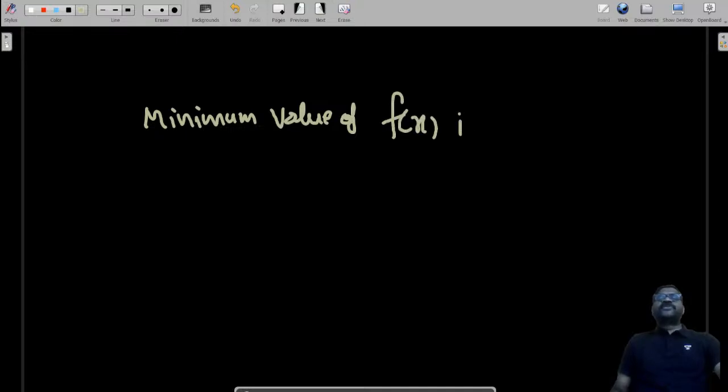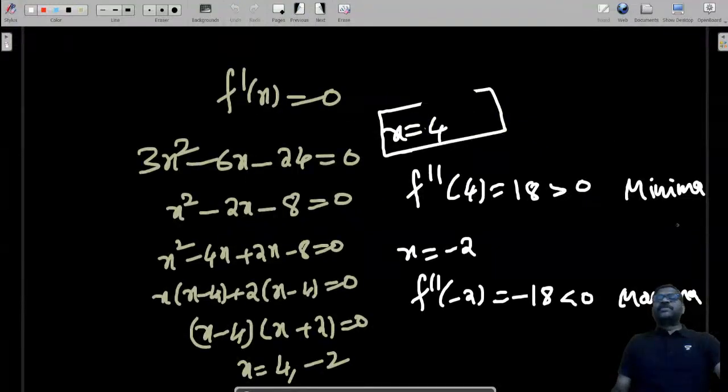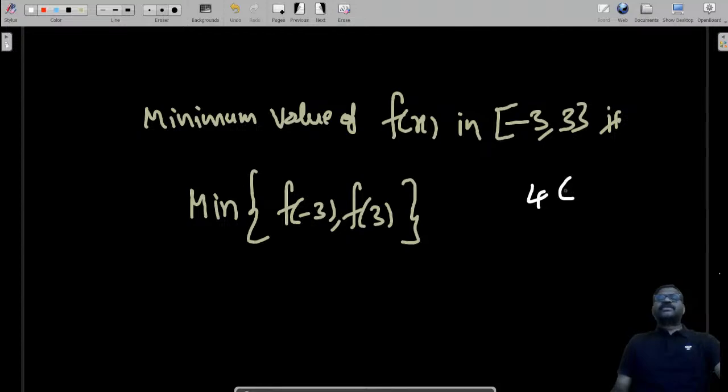Minimum value of f of x in the interval minus 3 comma 3 is the minimum of f of minus 3 and f of plus 3, because we have minima at 4, and 4 does not belong to the given interval minus 3 comma plus 3.